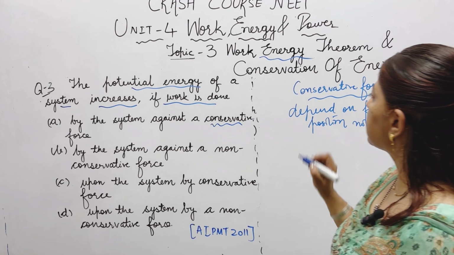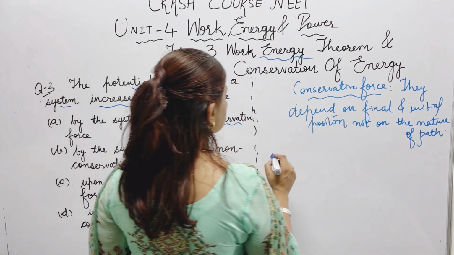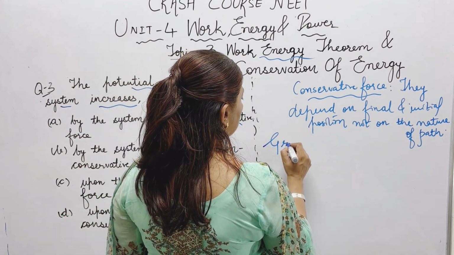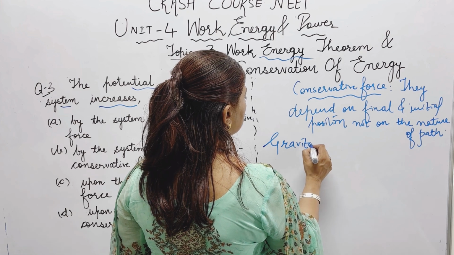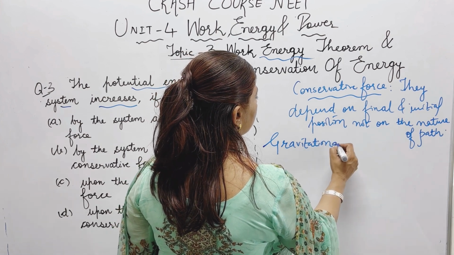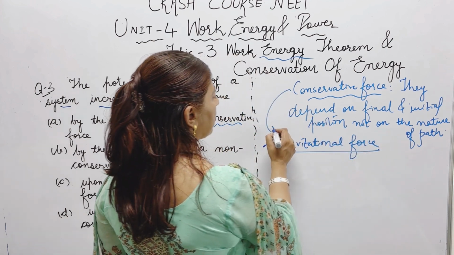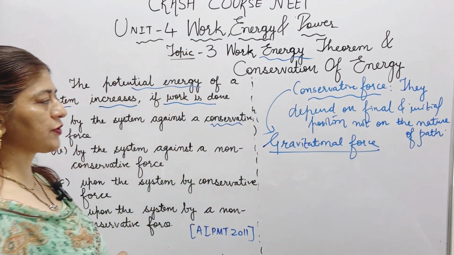So let us take an example of conservative forces. Here we are talking about potential energy. So we'll take example of gravitation force. The gravitational force is an example of a conservative force.